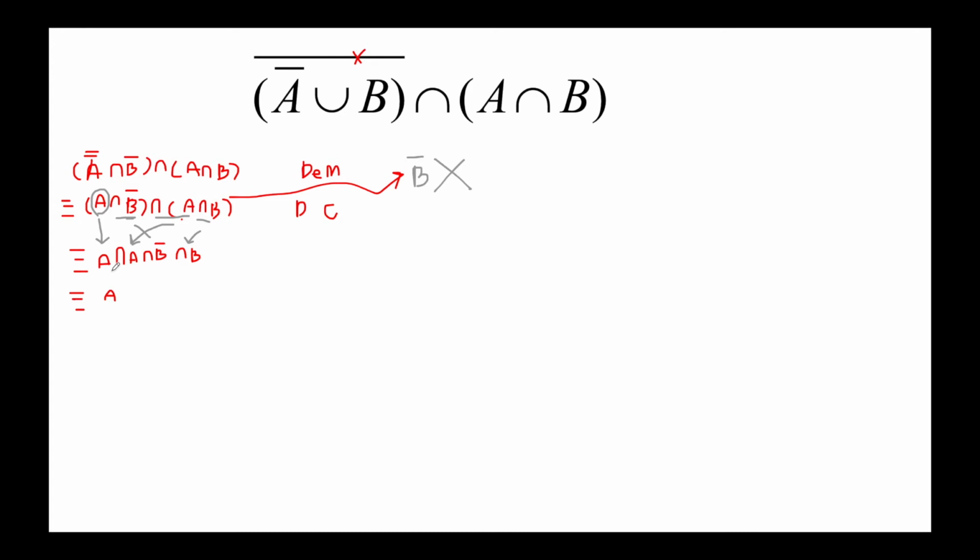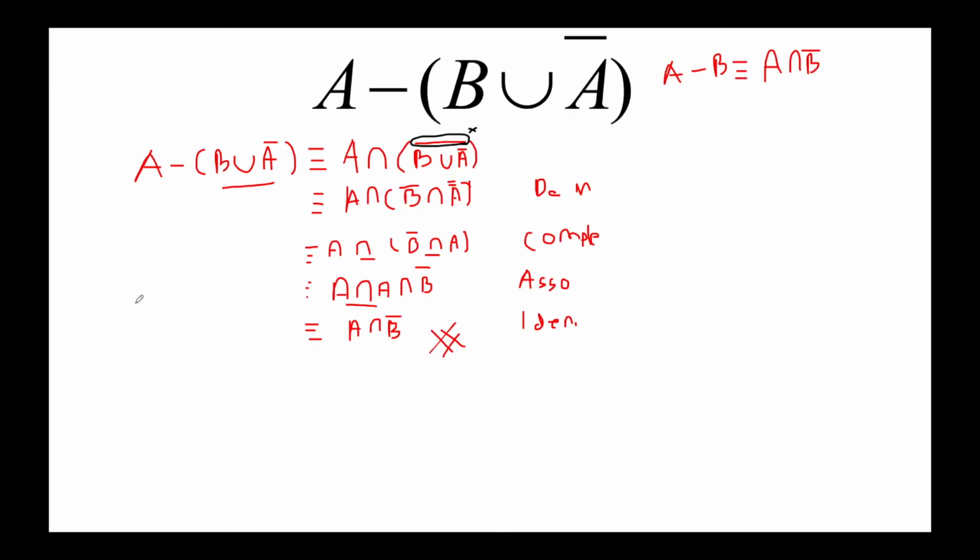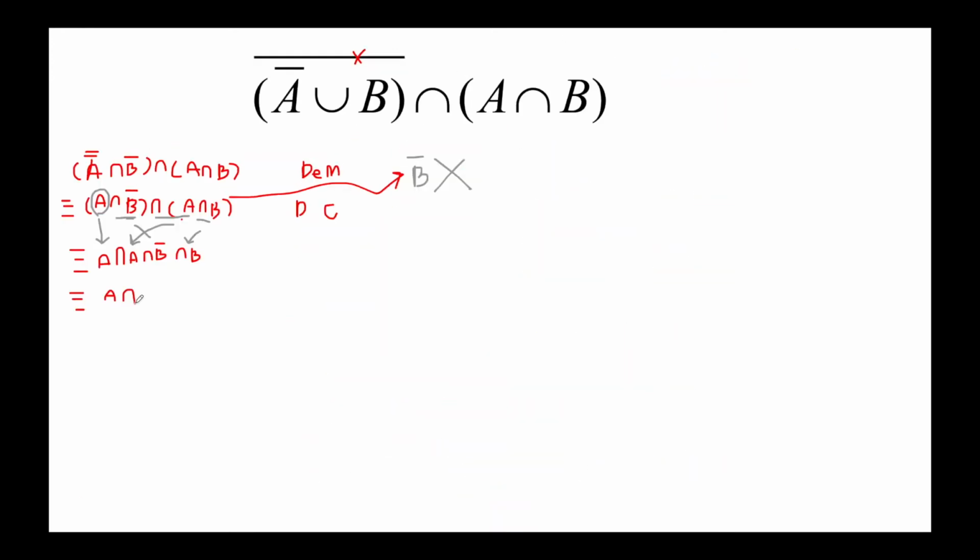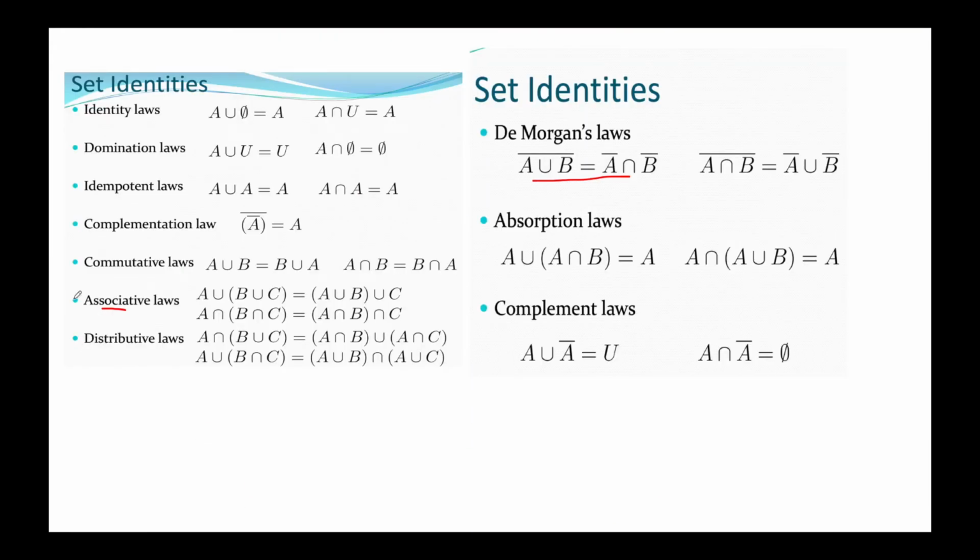So by using the idempotent law, A and A will be A, and then AND, B bar and B. So just copy this one. So you get this one by having the idempotent law, and then B bar and B.